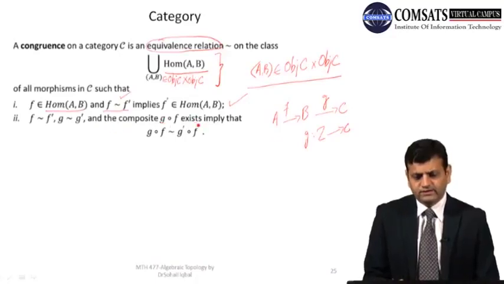So if it exists, then it implies that g circle f is equivalent to g prime circle f prime. So these two compositions are equivalent as well.